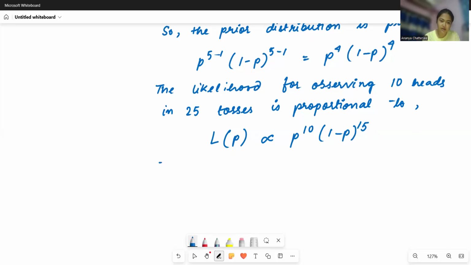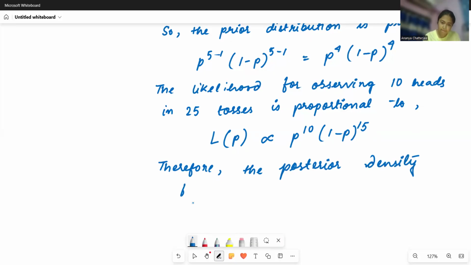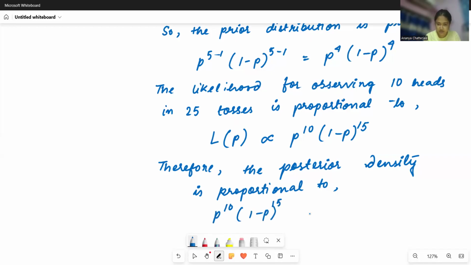Now moving to the next part, therefore, the posterior density is proportional to P to the power 10, 1 minus P to the power 15, into P to the power 4, 1 minus P to the power 4.